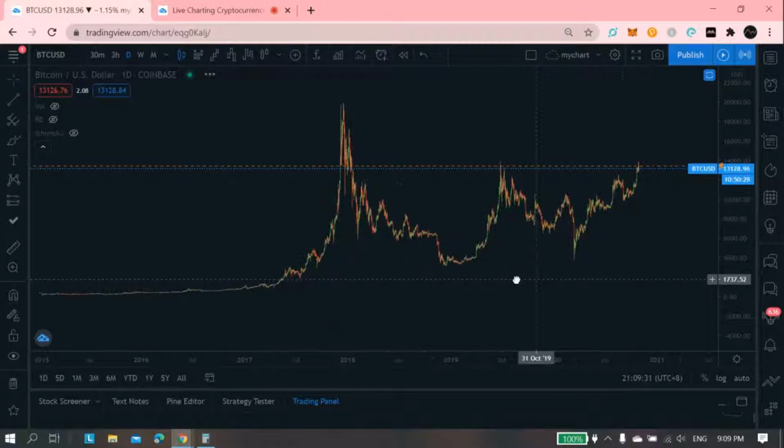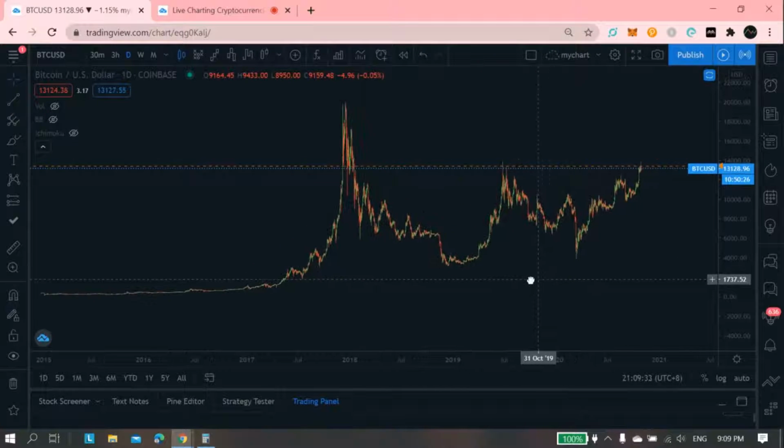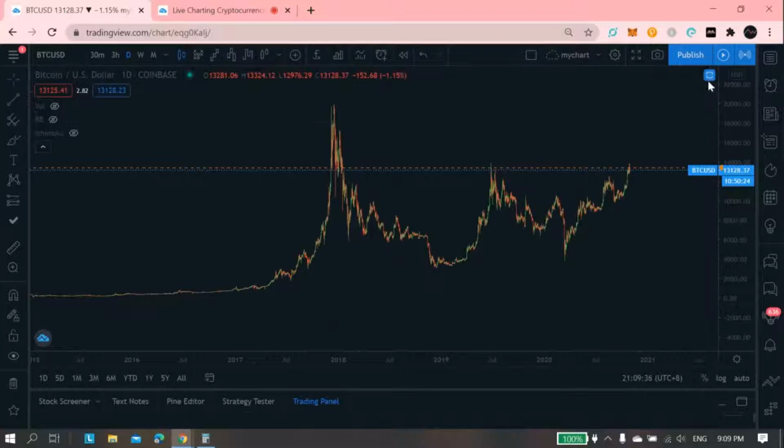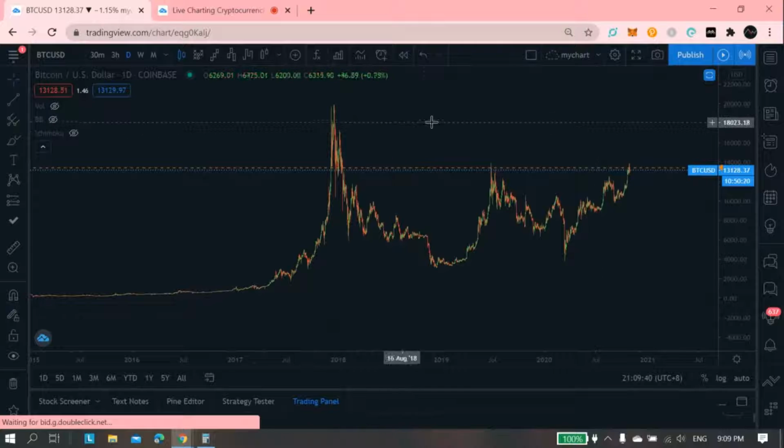Actually, when I'm trading, I'm just using the chart itself, and normally I use RSI or a divergence indicator. Since I'm using the free version, I have no subscription in TradingView, the maximum indicators I can use is 3.